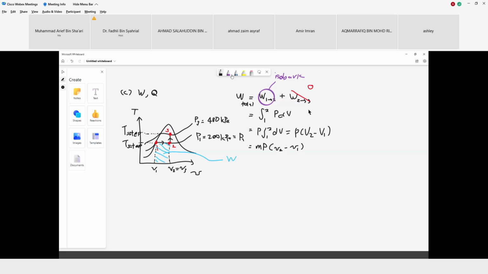Okay, so find this value. Once you know this value, then put it here.